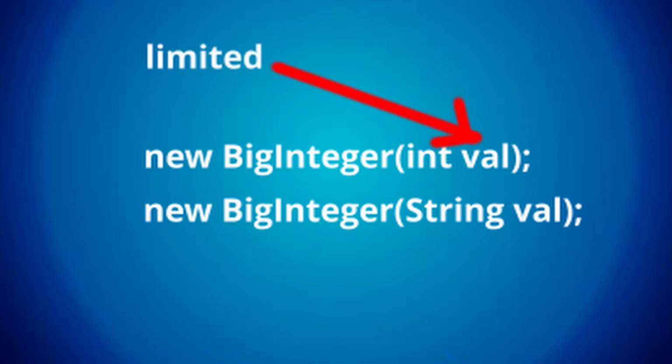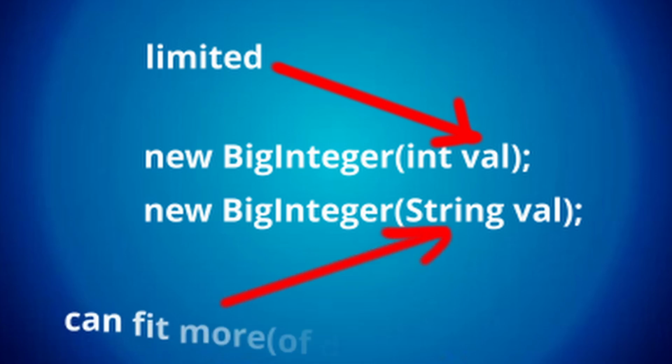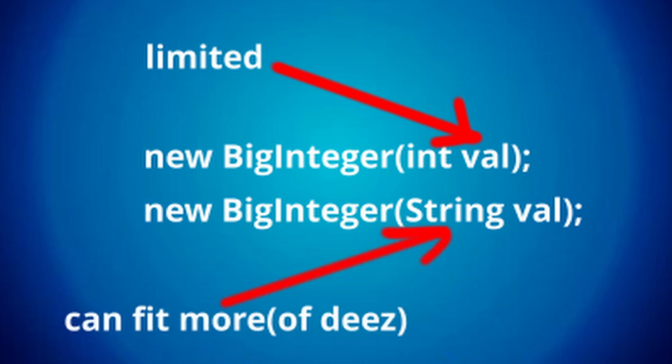But think about how many characters you could type into a string. It's almost endless. Well, it's not. You've got a specific memory for that, but that memory is way bigger than your numeric literals.